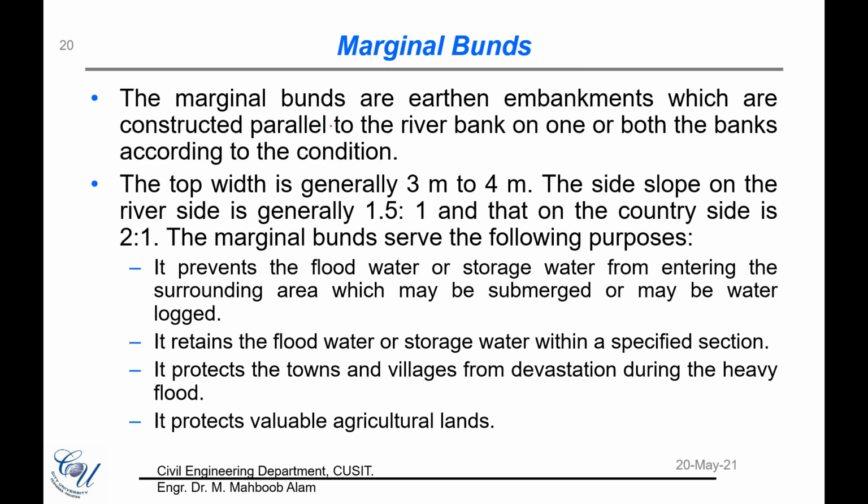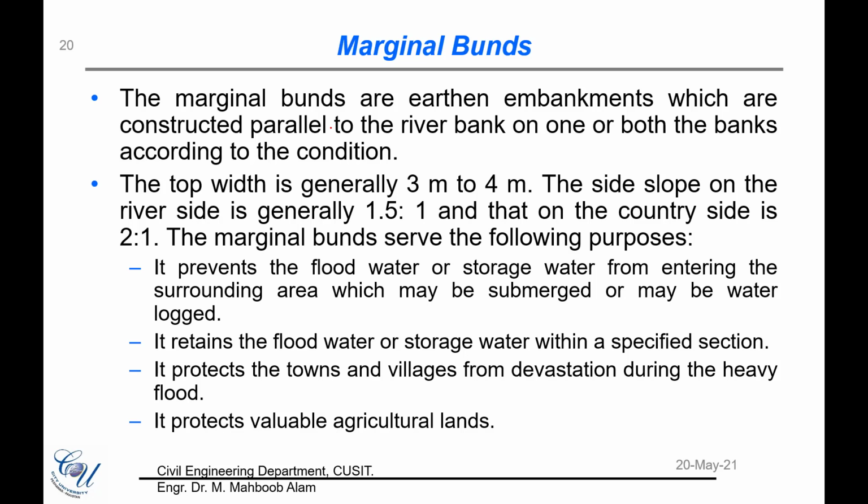Marginal bunds are also erected within the whole structure of diversion headwork. These are usually earthen embankments, and they are constructed parallel to the river bank, either on one side of the river or maybe on both sides of the river.